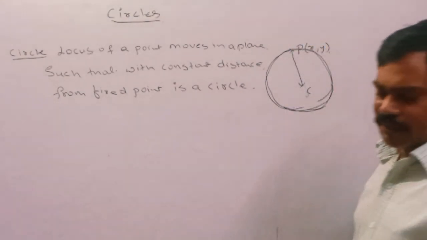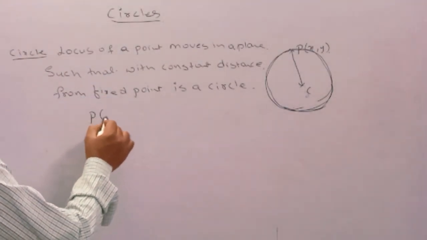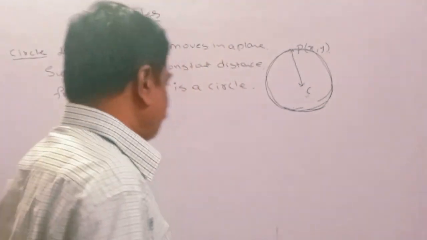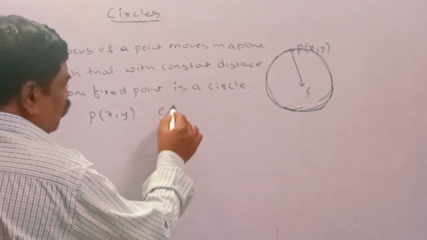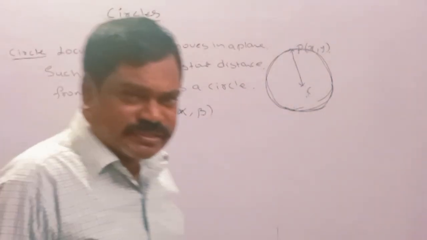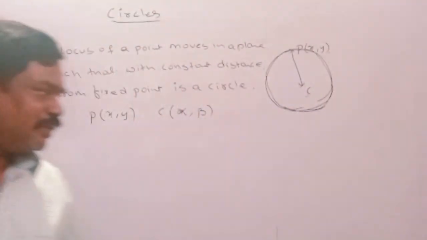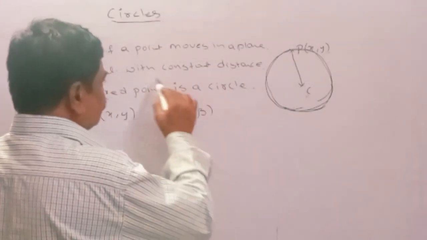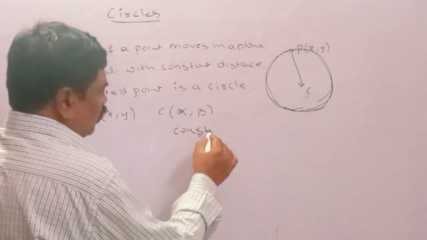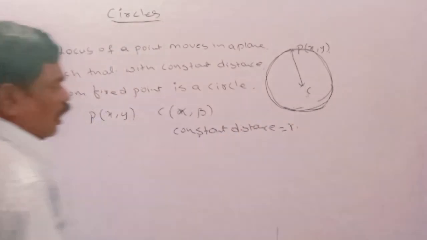is a circle. Here you see, all of you, this is the variable point P(x, y) and the fixed point (alpha, beta). Let us take the fixed point to be (alpha, beta) and the constant distance equal to r.